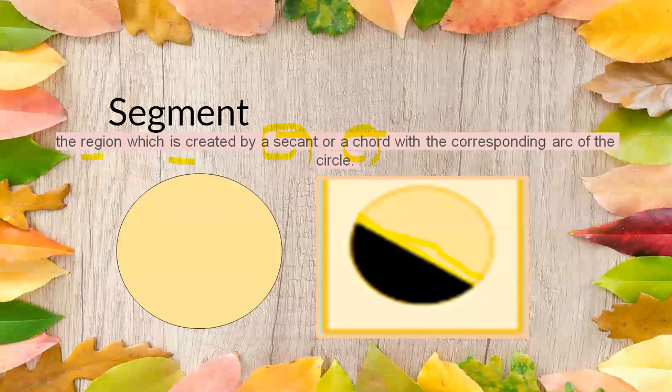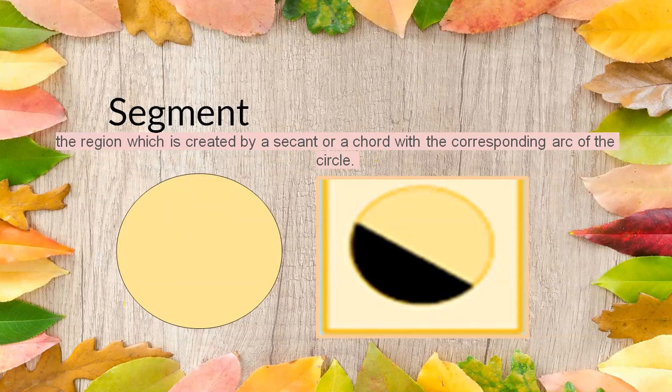So when you highlight this portion, taking it from the chord, you are making this line. Look, suppose this is a chord. What is a chord? You can draw any line, but you are not passing through the center. We are not touching the center. This is a chord.